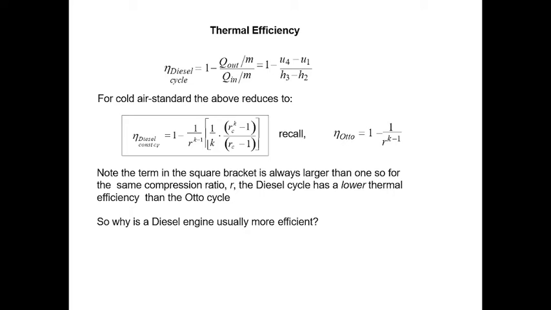So the thermal efficiency is 1 minus Q out divided by the mass over Q in, or the inward heat addition divided by the mass, which we can cancel, which is equal to U4 minus U1 over H3 minus H2.